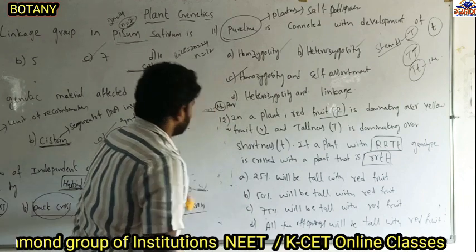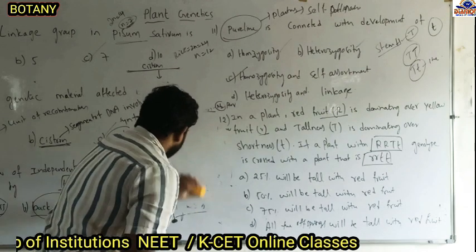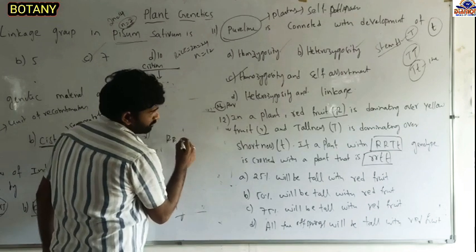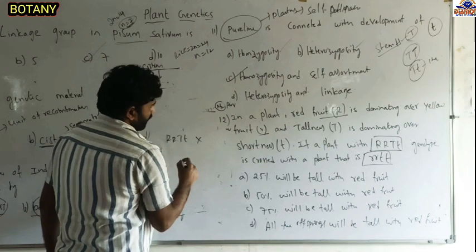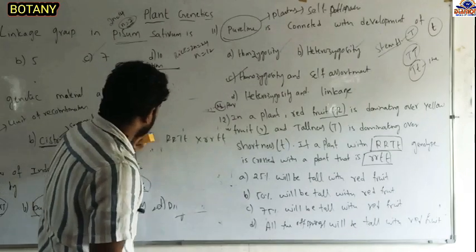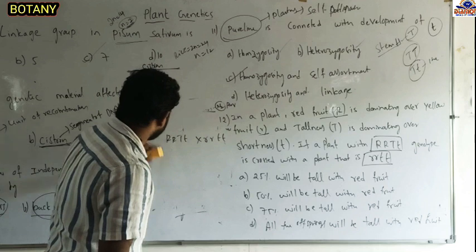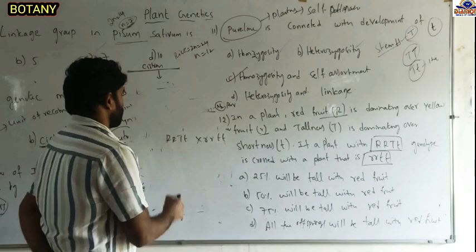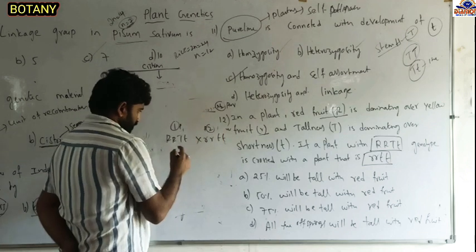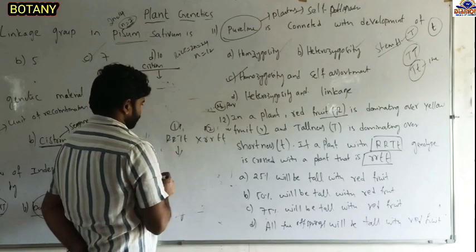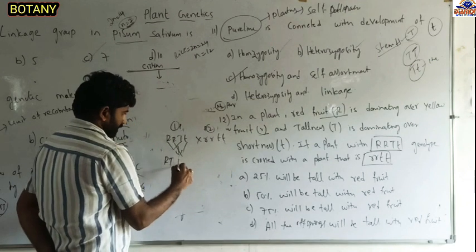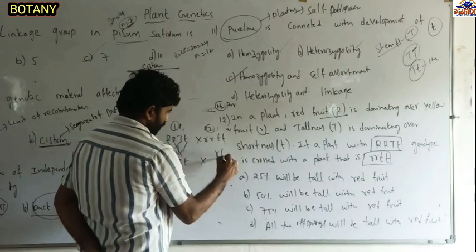They have given two plants: capital T small t, and small t. If you cross these two parents, parent one and parent two, the gametes will be capital T, capital R, small t, and small t.